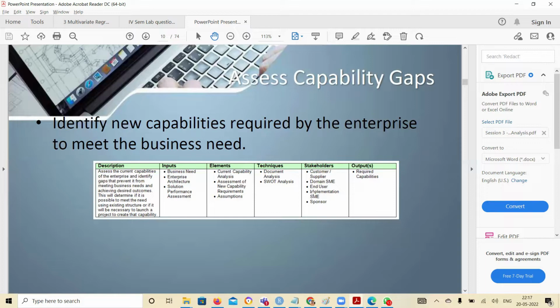For example, COVID. Because of COVID, everything went online, so it was an opportunity for online companies like Zoom. Whereas it was a threat for many companies, the ones which were more physical.